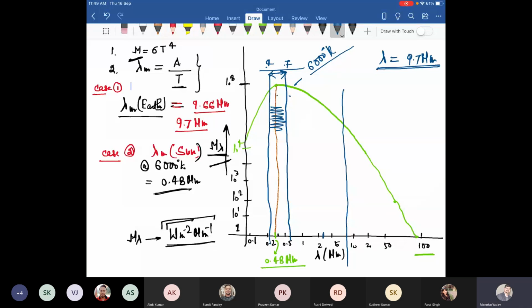At 3 micrometer over here, this value is 3 micrometer. It goes up to maximum, then around 50 it closes. Okay, so this is the M lambda curve for the Earth.